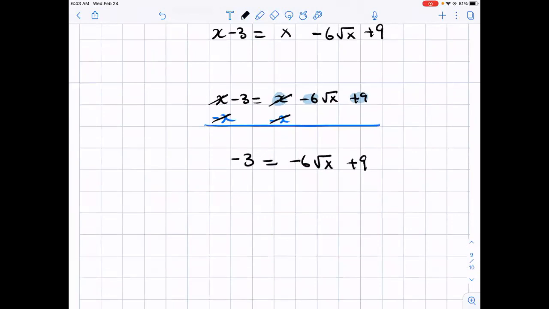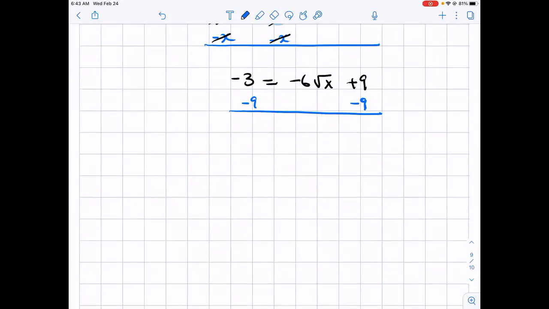And then we subtract 9 on both sides now. And by doing this, -3 minus 9 becomes -12. And the plus 9 and the minus 9 cancel.